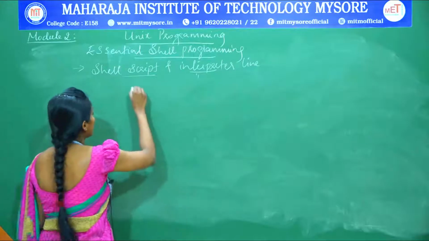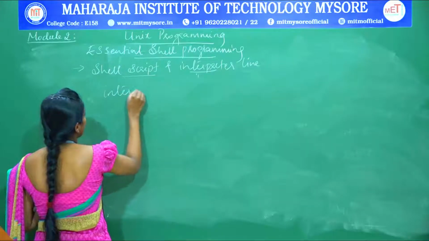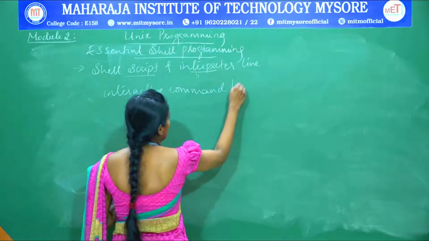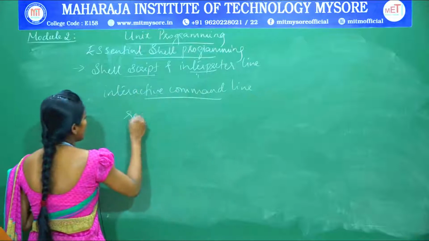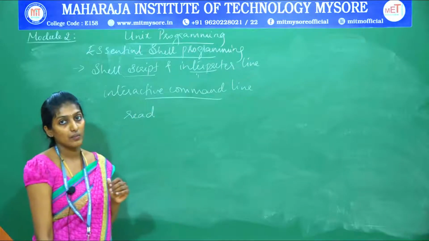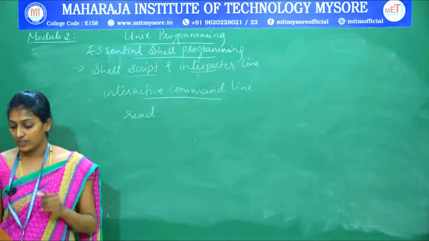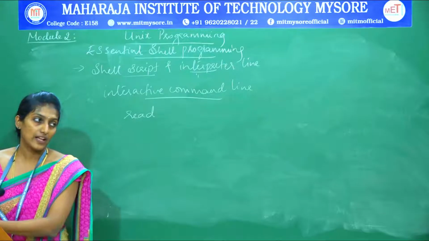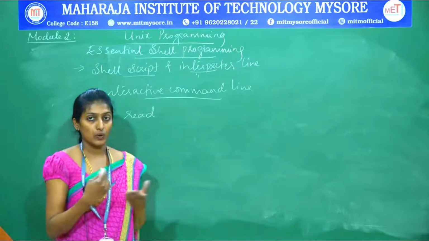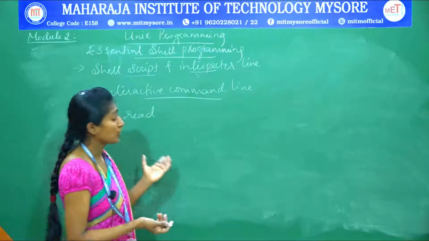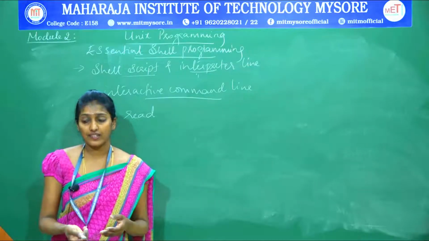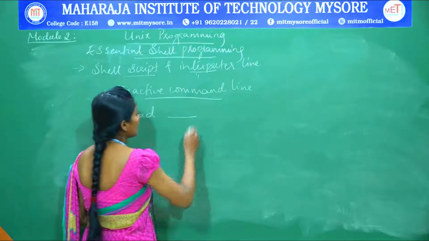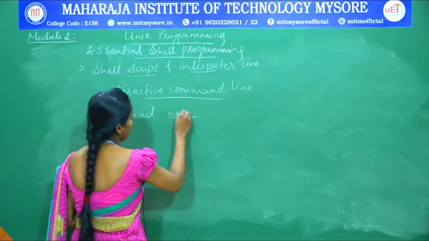Let me show you with one command, the interactive command line. The interactive command line is done by using this read command. This is the command used for making the script interactive. If the script has to be made interactive, that is, providing the input from the user, then you can use this read command, followed by the name.